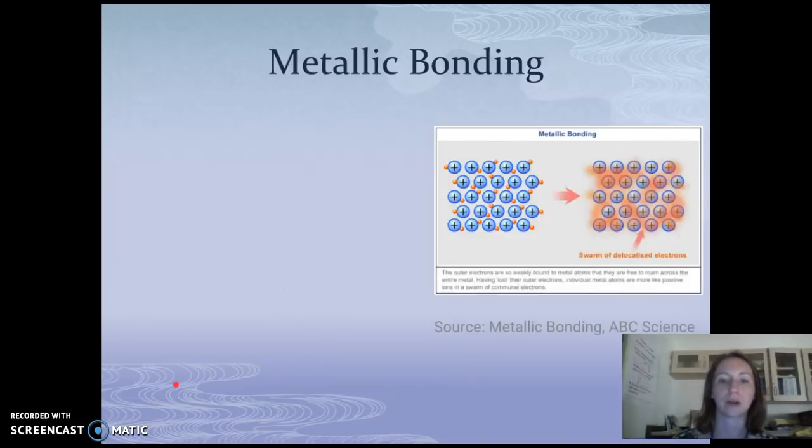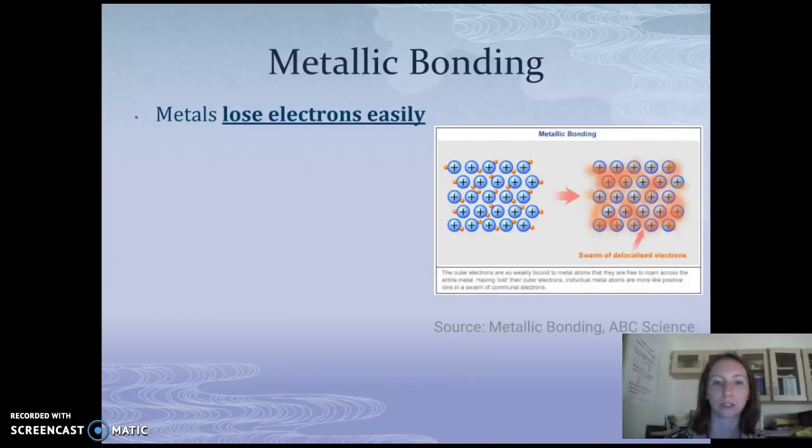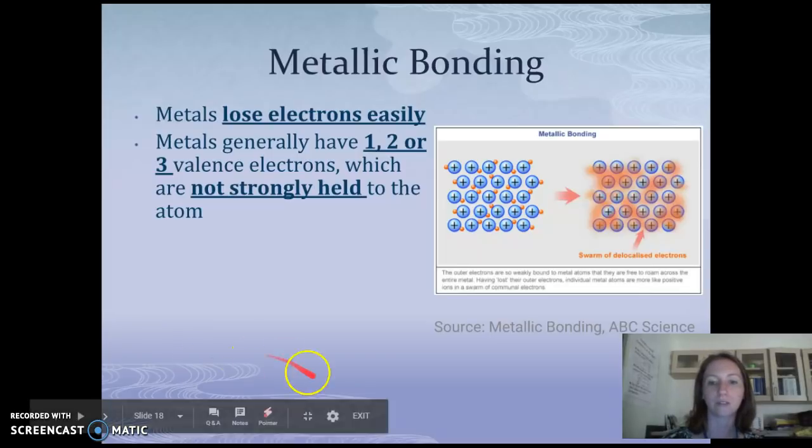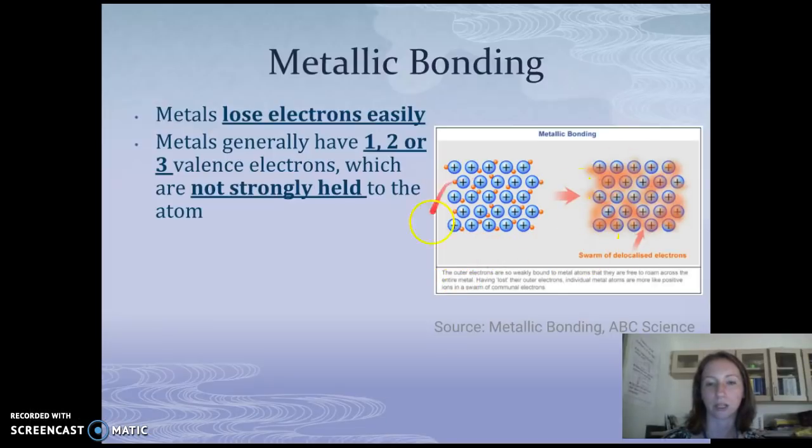Alright, metallic bonding. Metallic bonding is a little bit different. It's the third type of bonding. In this, metals lose electrons easily. We've already talked about how metals are good conductors of electrons. So you can think of it as when metal atoms come together, they form this sea of electrons that flow back and forth between them.